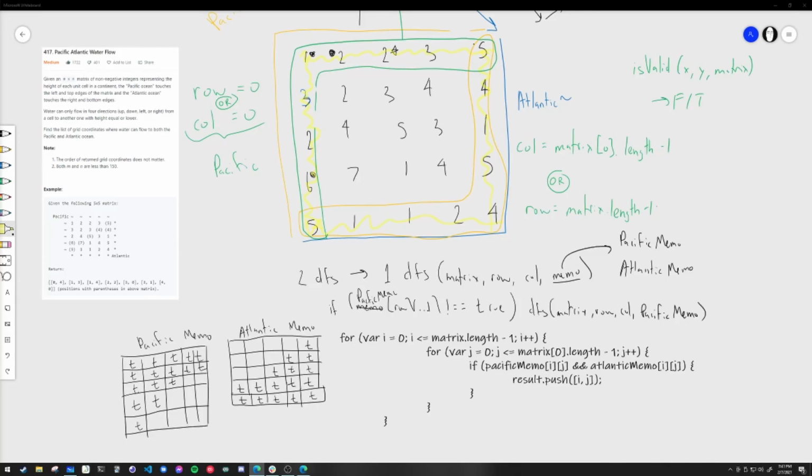But yeah, the original approach that they want you to go with is you're trying to find water that rolls down into both of these oceans. But the easier way that really helped me was attacking from the ocean. Like, if Poseidon himself, or outside in, I guess.